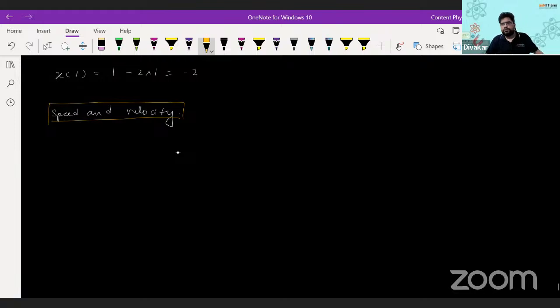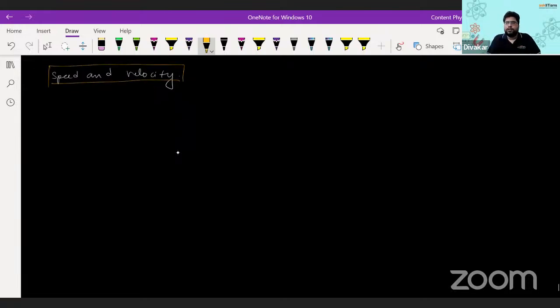Understand one thing, bacho. Whenever you are trying to understand movement, it's not only important that there is a change in position. There are other important things as well, for example, how fast that change is happening. What is the rate at which the change is happening? Are you covering 2 kilometers in 2 hours, or in half an hour, or in 10 minutes, or are you super fast and covering it in seconds, which is tough?